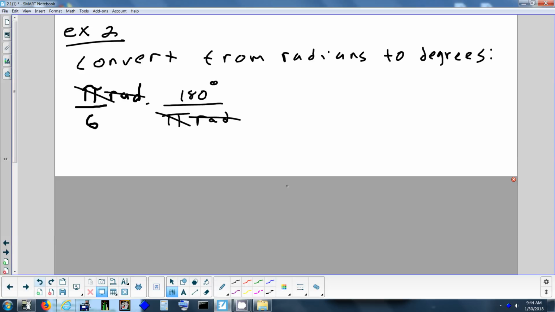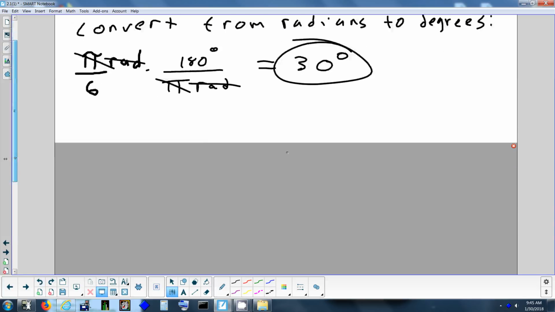So all you're left with is 180 divided by 6. And 180 divided by 6 would give me 30. And notice I put the degree symbol on it, and I have to. If I left the degree symbol off, what's that answer? 30 radians. That's 30 radians. That's 30 degrees. Any questions on that one?